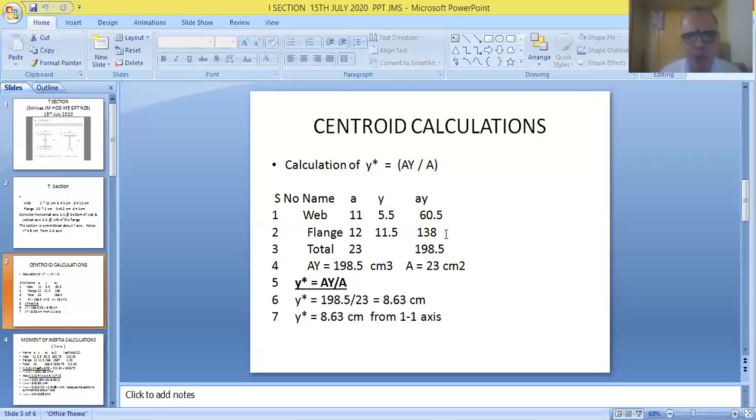You find the total of all these values, that is sigma. This is sigma A: you add up all the A values. You add up all the Ay values, it is sigma Ay. So sigma A is obtained as 23 centimeter square, and sigma Ay is obtained as 198.5 centimeter cube.